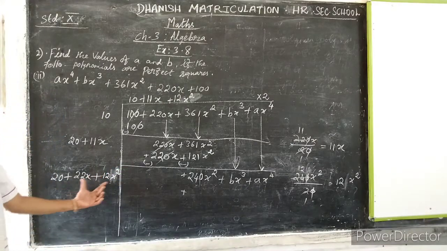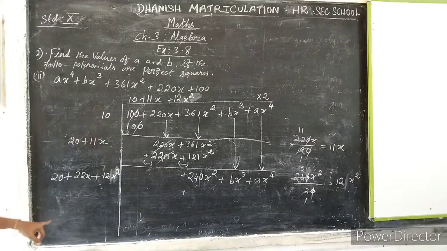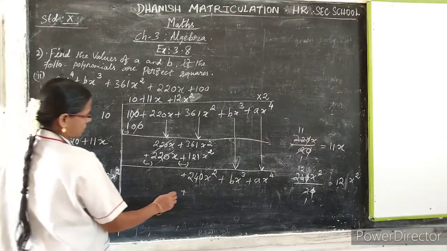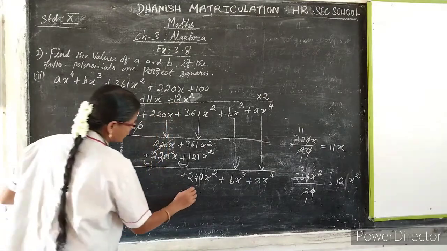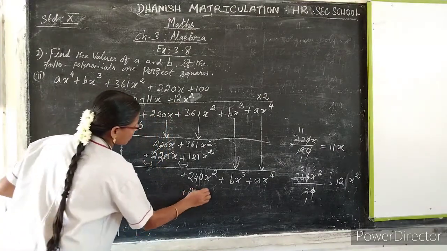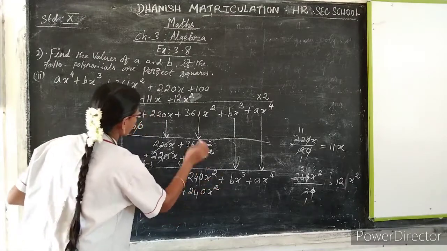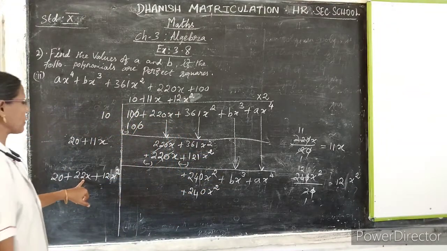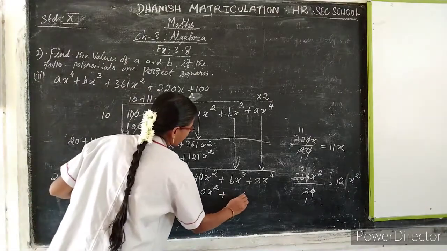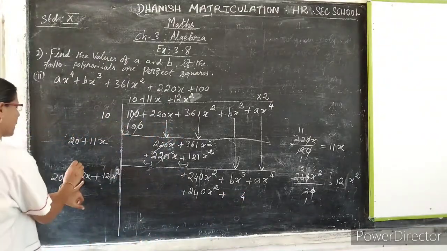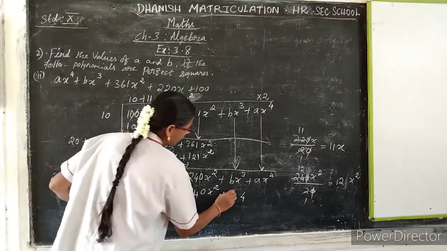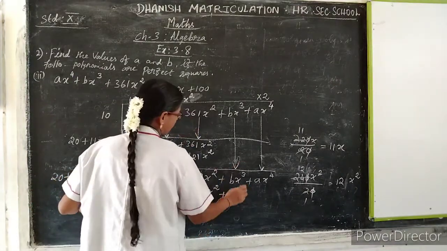So multiply these 3 terms by 12x square. 20 into 12: 2 12s are 24, tag the 0, 240x square. Now 22 into 12: 2 12s are 24, plus 2 12s are 24, balance 2. Again 2 12s are 24, 24 plus 2 is 26, the x square term.